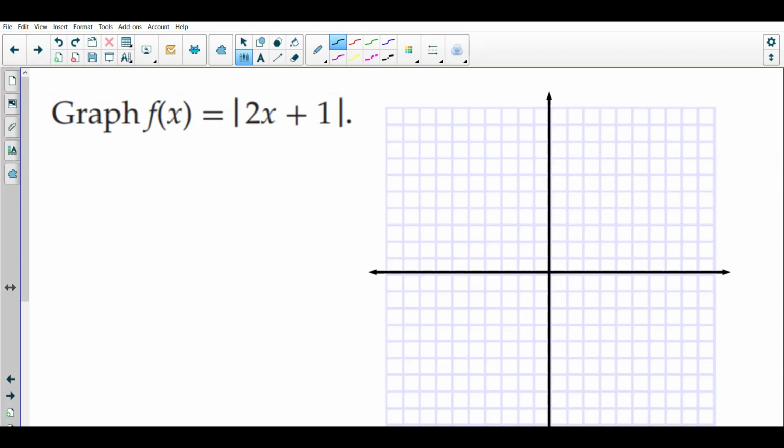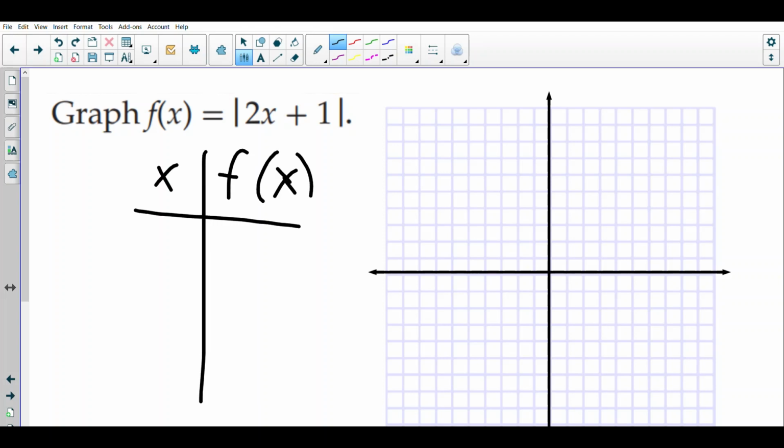Okay, so last thing, we're going to talk about graphing. And we're going to graph it because we don't really know a slick method. Just start with a table, x and y, or x and f of x. Always start with what will make the middle 0. It makes it easy. It's a good starting point.